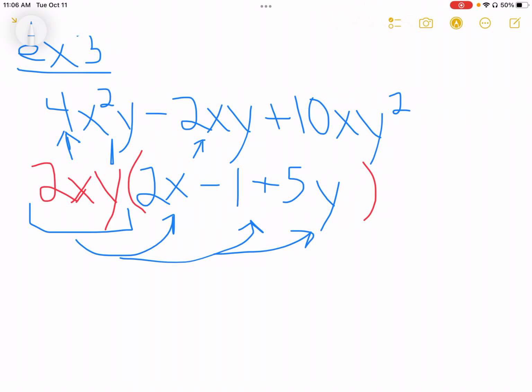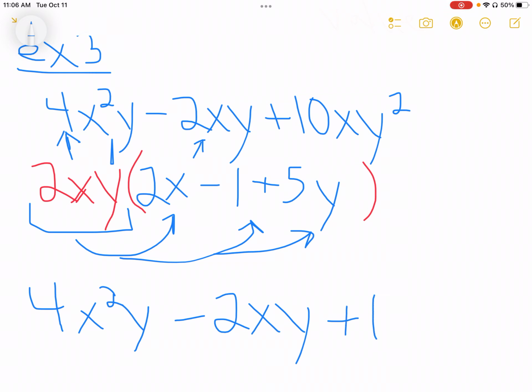So if I do that, I would do 2 times 2, so that'd be 4, and then I get x squared y minus, and then if I have minus 1 times 2xy, that just gives me minus 2xy. And this last one, 2 times 5 would be 10, so I just get plus 10, and then I had a single x in my 2xy, so that's x, and I had another y, so that gives me y squared, right? So I end up with the exact same thing that I started with up here. These are the same things.